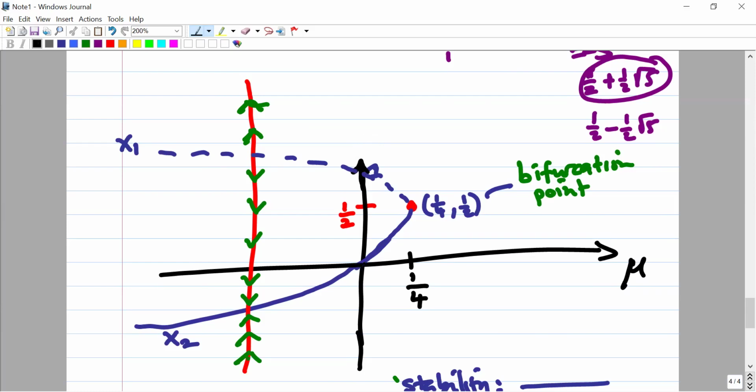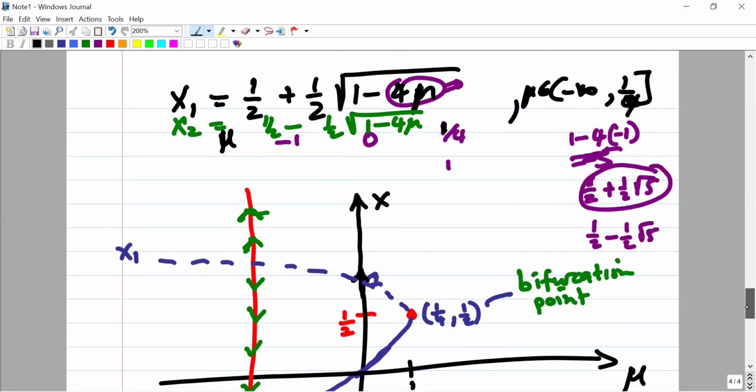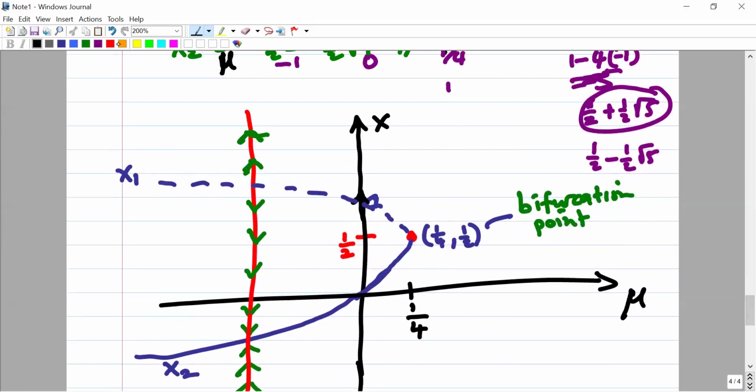And here we have a bifurcation diagram which shows a fold bifurcation. So you can see that we have labeled the axes, both x and mu. We have labeled the bifurcation point, right? We have drawn the bifurcation curves, right?